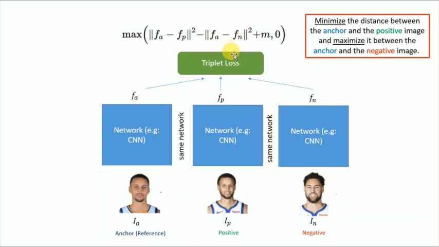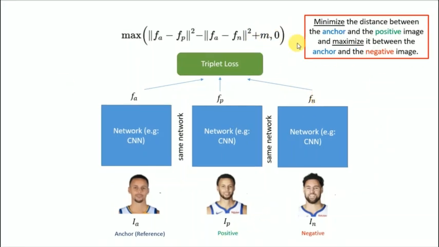Don't worry about it, we're going to analyze this equation in the next slides. Again, we're going to use a margin, just like we did in the previous lecture on contrastive loss and on the hinge loss. We spoke about the margin, so it's also included here. Basically we take the maximum between 0 and this whole result.